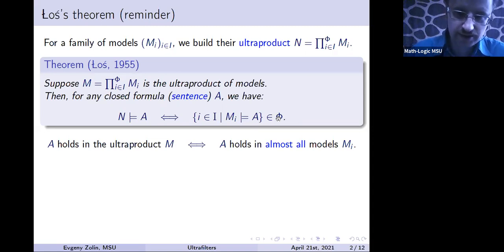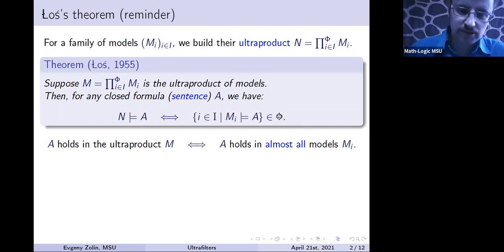What is an ultrafilter? It's a collection of some subsets of I, such that the empty set is not its member, the whole set I is its member, and phi is closed under taking supersets. If X is its member and Y contains X, then Y is its member.